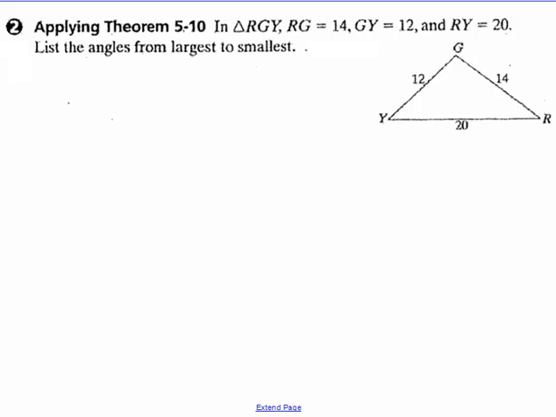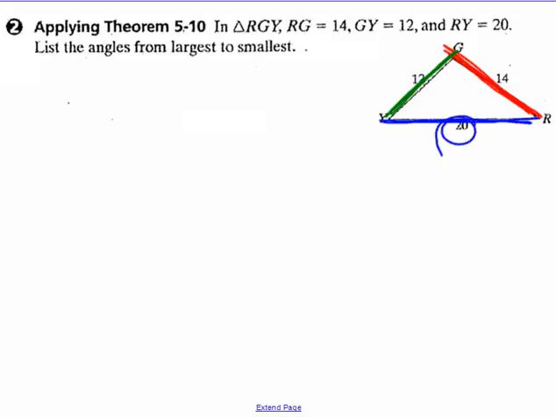Okay, so now to apply this to a real triangle here, we're looking at the triangle RGY, and RG is equal to 14. GY is 12. And RY is 20. Now it says list the angles from largest to smallest. Well, if I look at the sides, I notice that RY is the longest side.